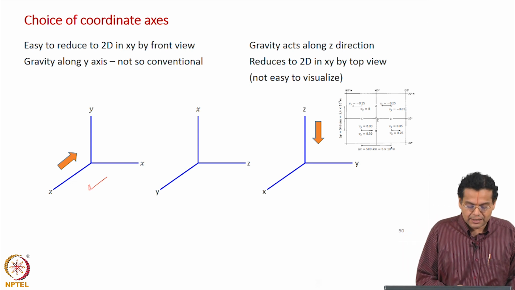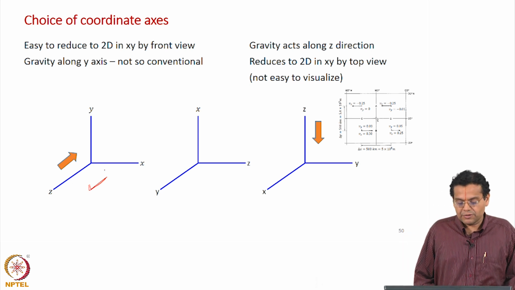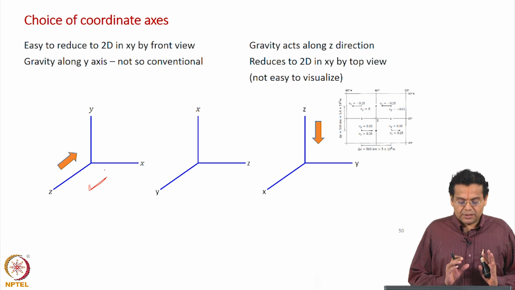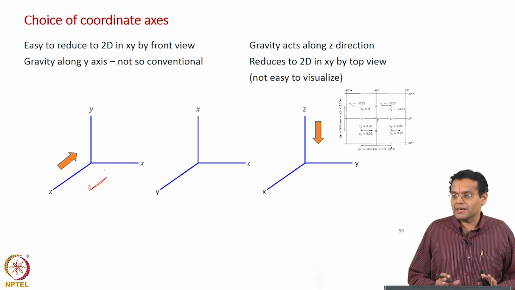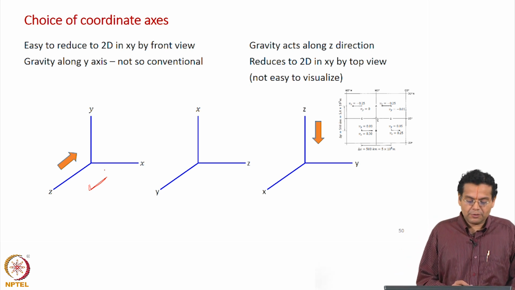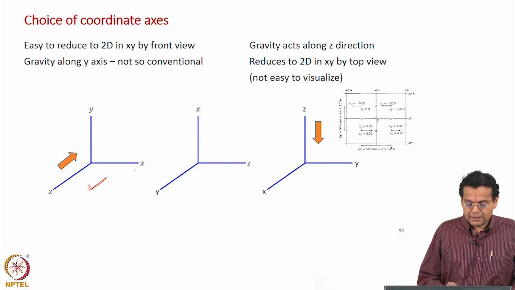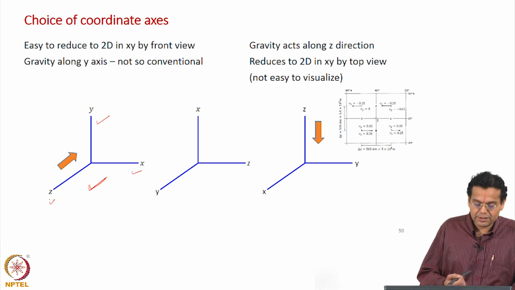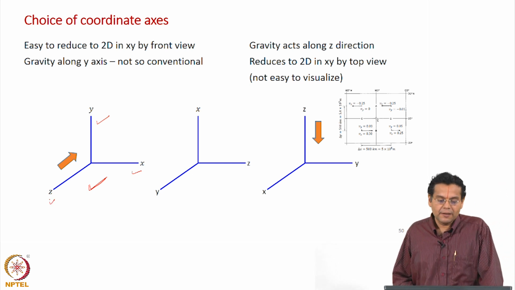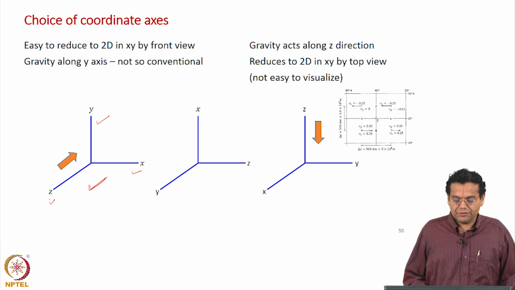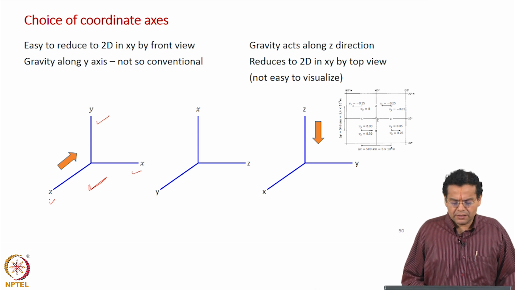The first coordinate system shown is the axes which I have chosen so far, and that is what we will continue to choose almost throughout the entire course. In this coordinate system, the horizontal axis is x, the vertical is y, and of course, the axis towards us is the z axis. Now, what is the advantage of this axis? Let me come to that a little later.